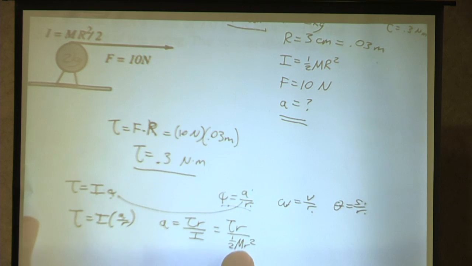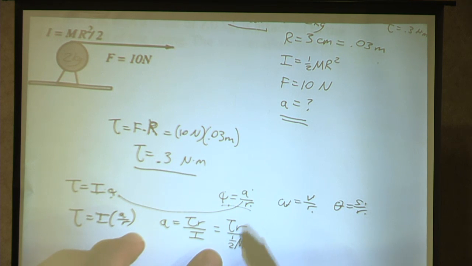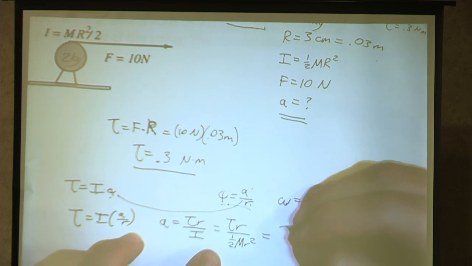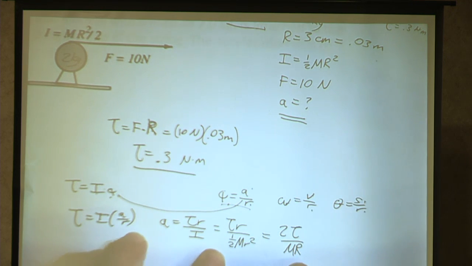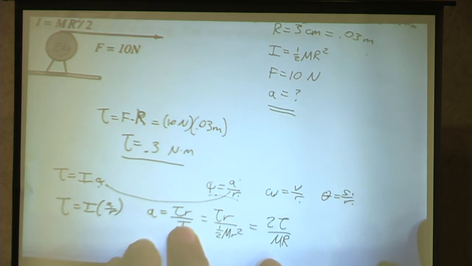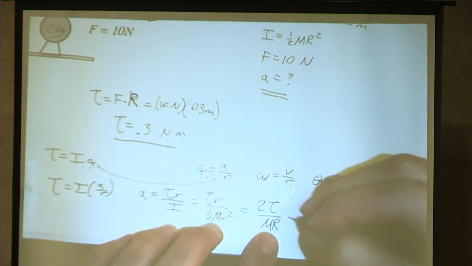So we have the torque times the radius over 1/2 mr squared. I'm going to rewrite this one more time. I'm using little r and big R interchangeably. Now let's solve.